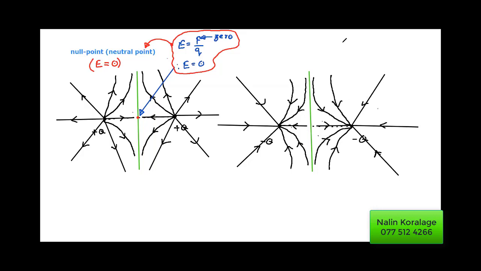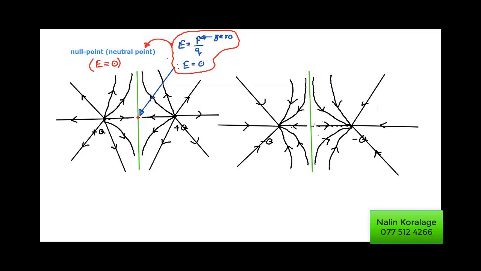Having that been said, time to talk about the null points. Of course, there should be a null point somewhere here, at the point at which the q, minus q line segment is intersected by the perpendicular bisector, in this case in green color. Where they intersect, there should be a null point. Why?